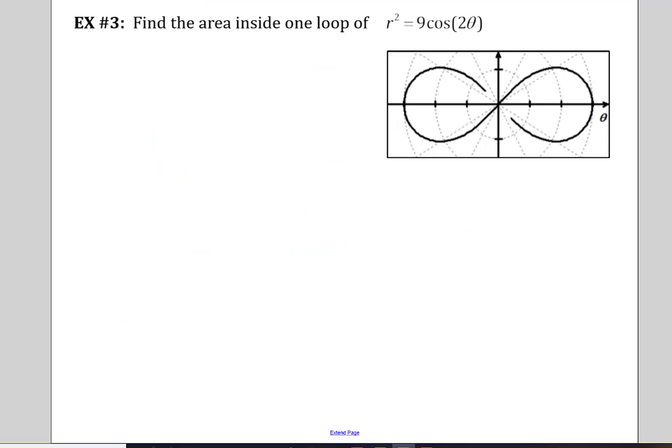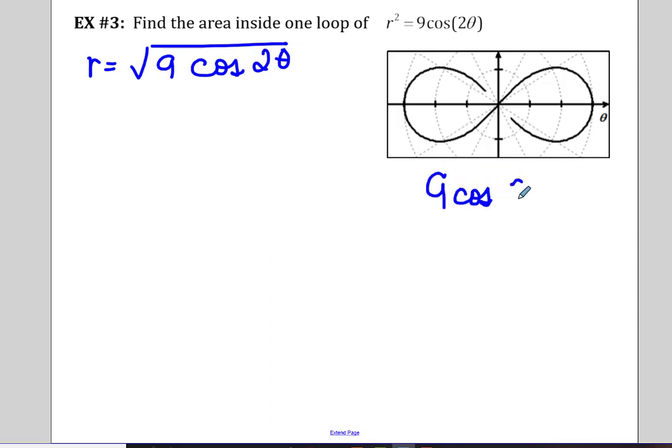And this is a lemniscate. So find the area inside of one loop. Our radius is going to be the square root of 9 cosine 2θ. And we're looking for where 9 cosine 2θ is 0. That would happen when cosine of the double angle is 0.